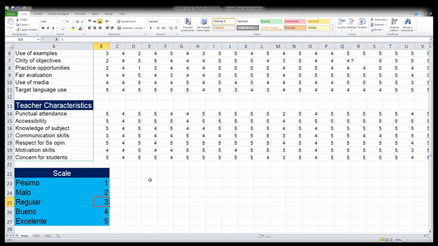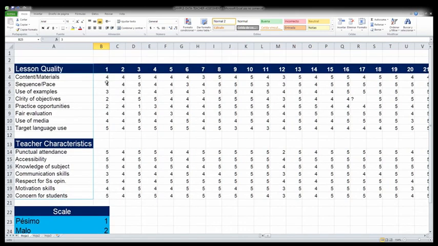Okay, a middle point, which is regular or average. And so we enter all of the different participants. This is the number of participants, the people who responded to the questionnaire. Okay, so this corresponds to one questionnaire by one person. And if you see, in this case, we enter the number that the students circled in the questionnaire.